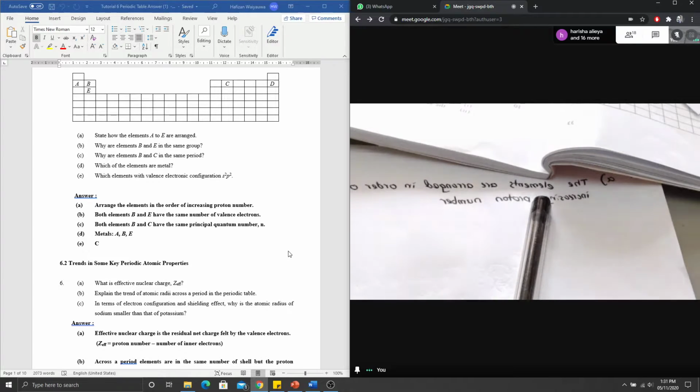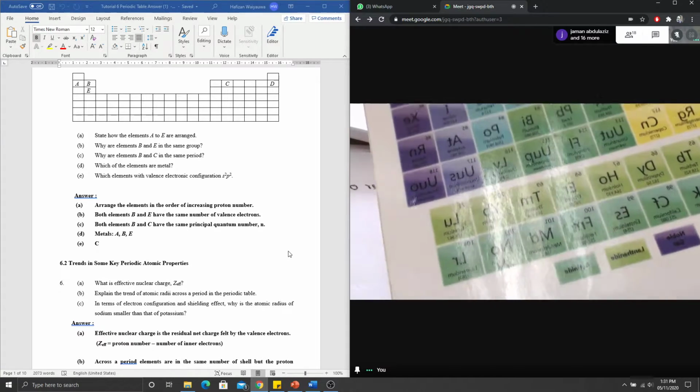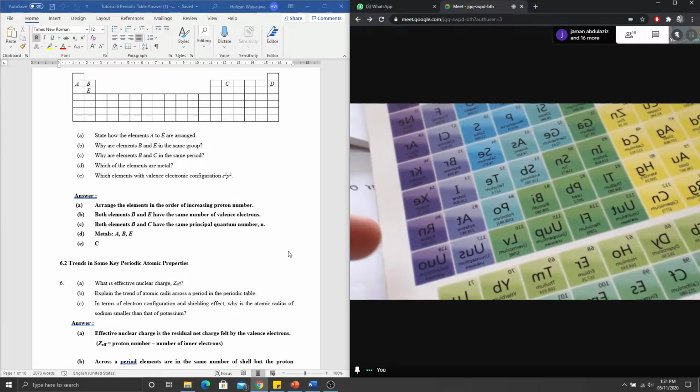But we know that even after lawrencium, which is the largest? Which is 118.